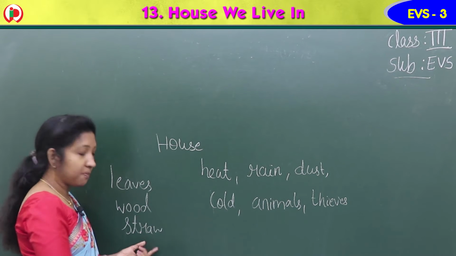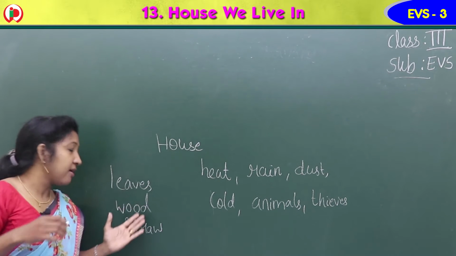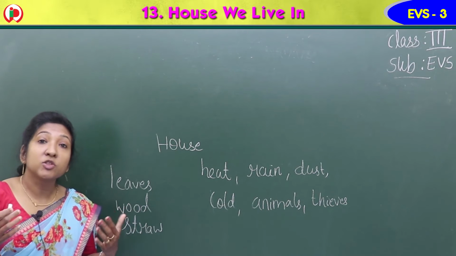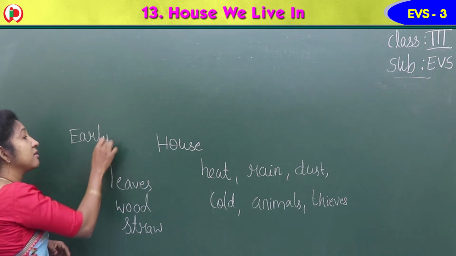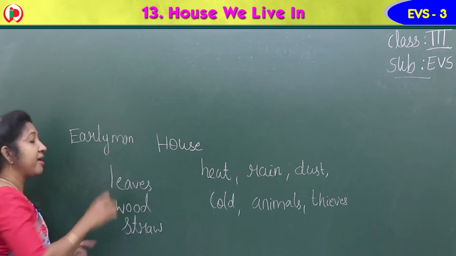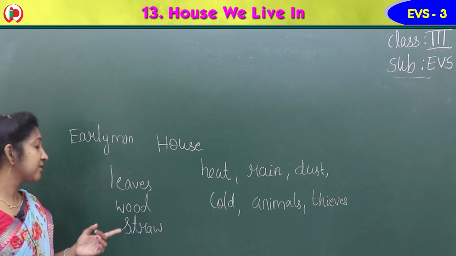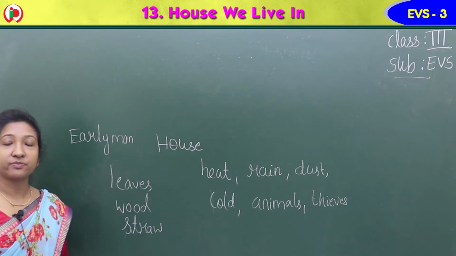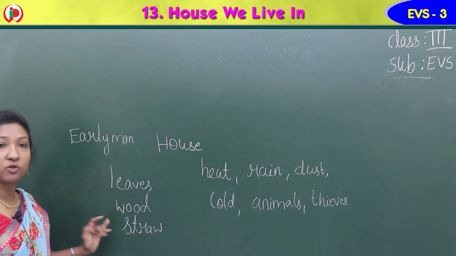It's a dry plant, dried plant or leaves. Early man used to build houses using leaves, wood and straw. So, houses made of leaves, wood and straw.